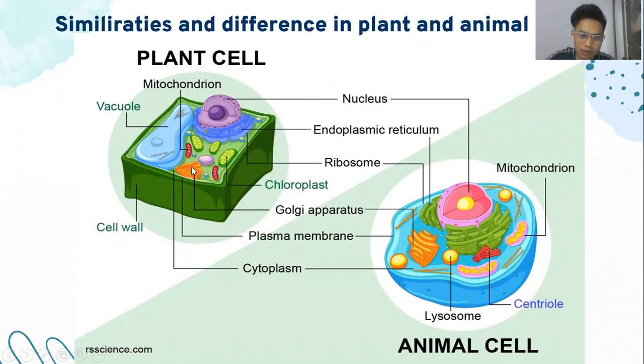The Golgi apparatus is the orange one, then the plasma membrane and the cytoplasm. The cell wall only appears in plant cells and not in animal cells. The centriole only appears in animal cells and not in plant cells. So if you are going to give an answer about similarities and differences, you can use this as your reference.